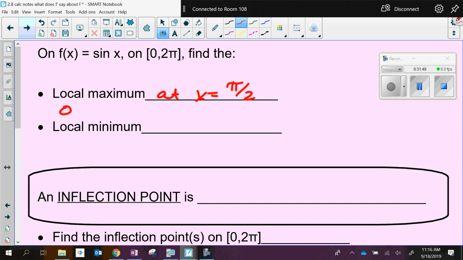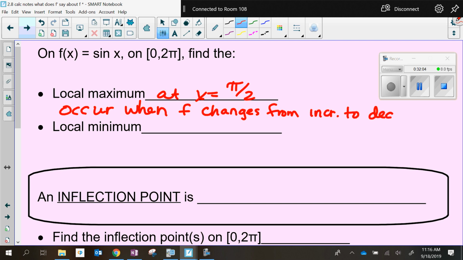Theoretically, it will occur when f changes from increasing to decreasing. What's f prime doing there?